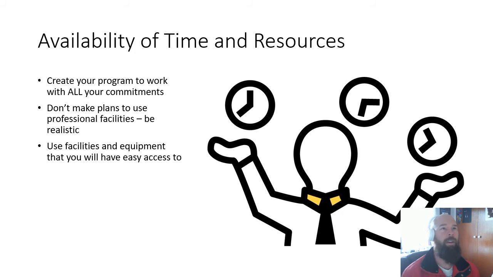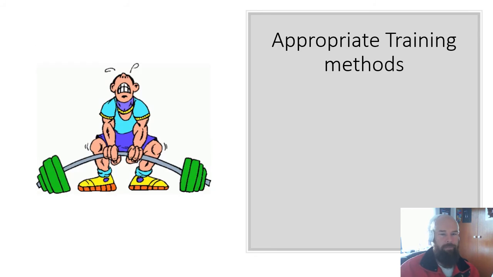So it would be more realistic of me to say, okay, I've got an hour, I'll spend 20 or maybe 30 minutes of it going for a run, or I'll go for a bike ride, or I'll go out into my little shed and lift some weights. I have a little shed, but I don't have any weights. I don't use them. So use the facilities and equipment that you're going to have access to.